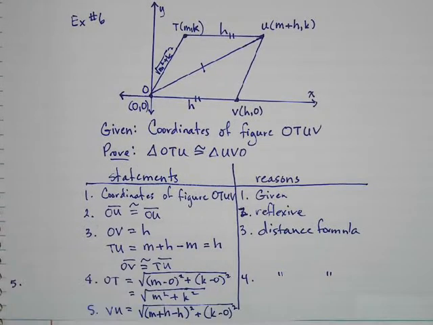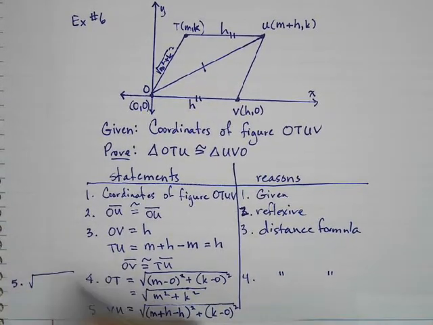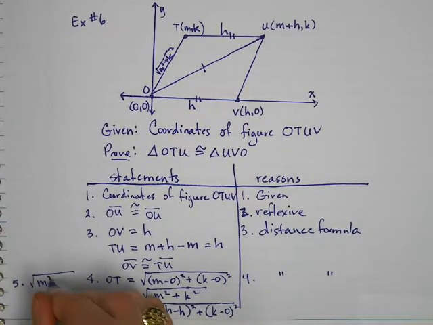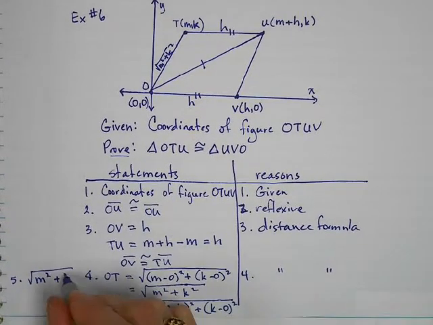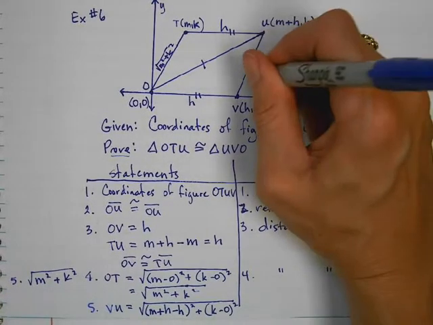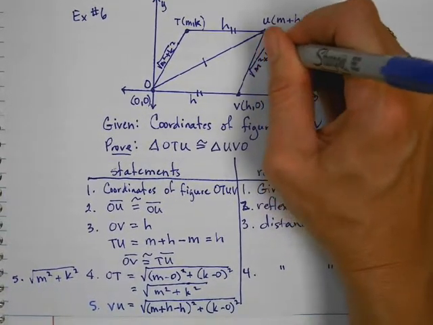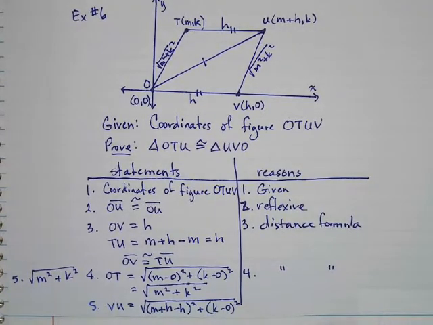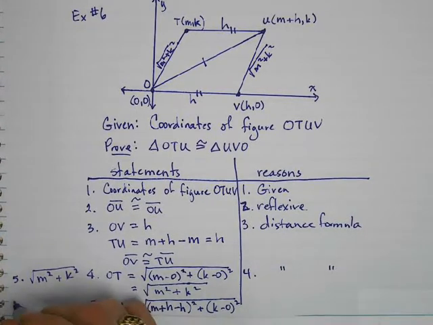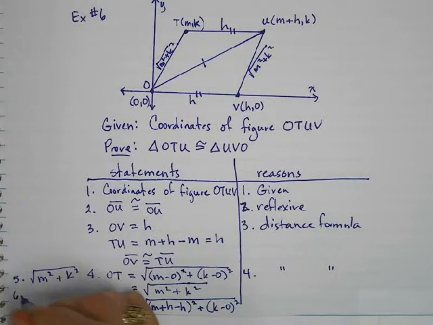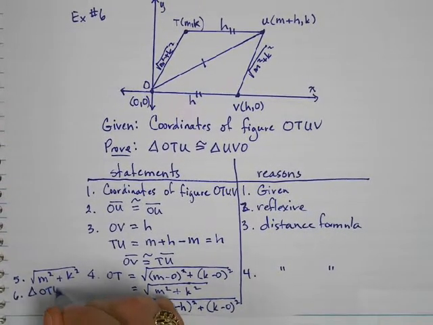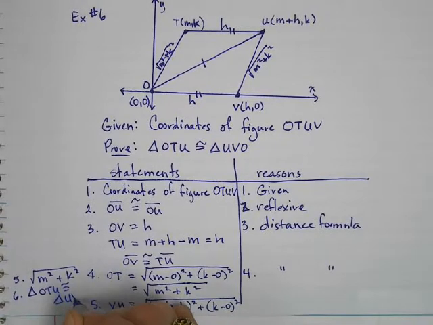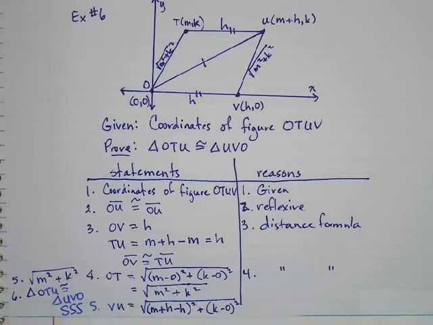I'm going to have to continue on over here. So I've got m squared plus k squared. So this is going to be equal to m squared plus k squared. Again, distance formula. So the two triangles are congruent by side, side, side. If I wanted to finish this out, number 6, triangle OTU is congruent to triangle UVO by the side, side, side postulate. Sorry, I ran out of room there, but hopefully that will help a little bit.